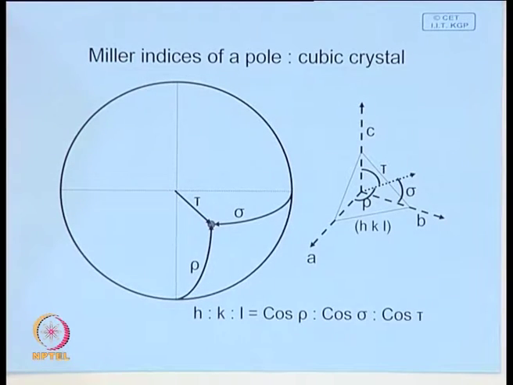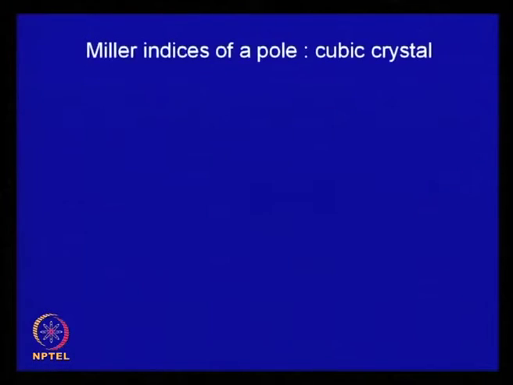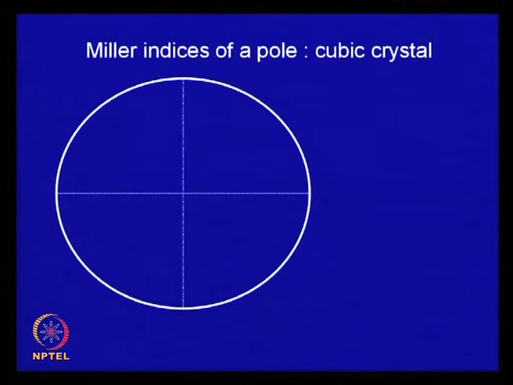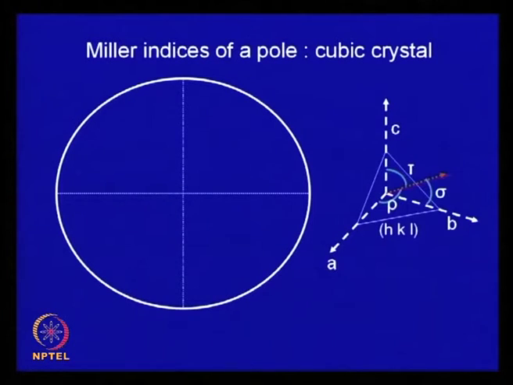Now, often you may have to represent Miller indices of a pole in a cubic crystal or a standard projection. Say suppose this is a standard projection, how do you locate a particular pole which subtends a set of specific angles?